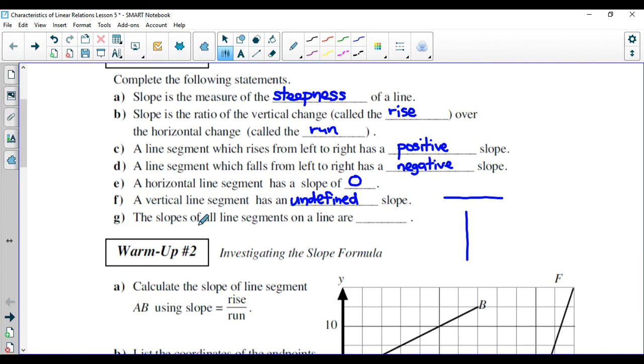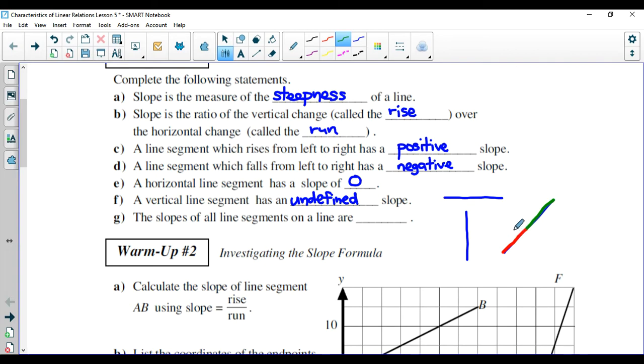And the slope of all line segments on a line are the same, which just basically means this. If you have a line like this, and let's say I broke this line into 2 line segments, a red one here and a green one here.